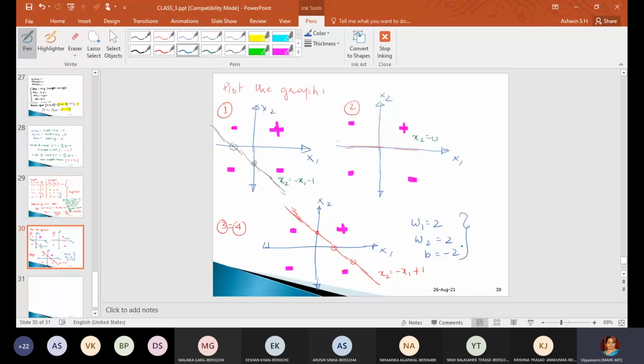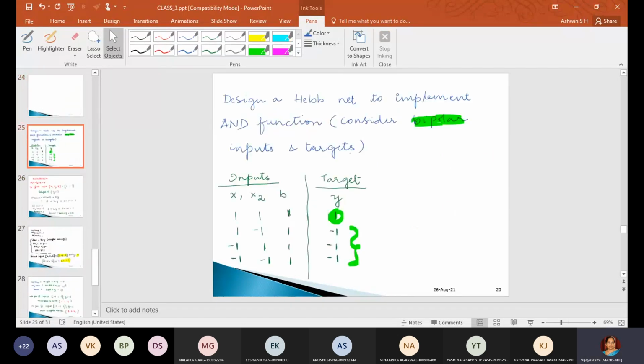Let me go back to where I started. So the model will be, I'll just write y, this is y. Here this is x1, this is x2, this is my bias.